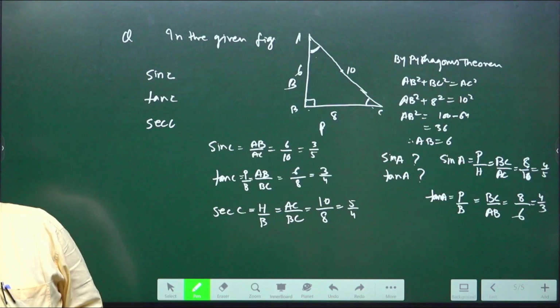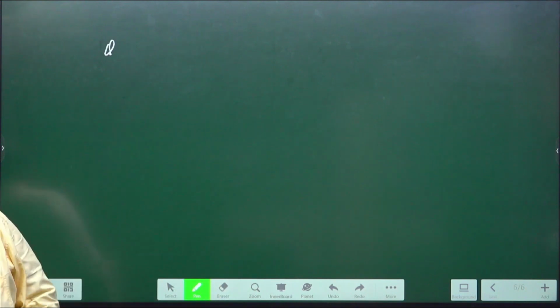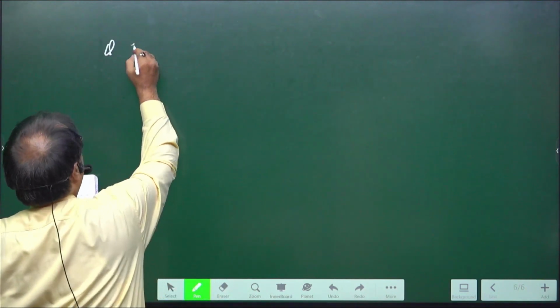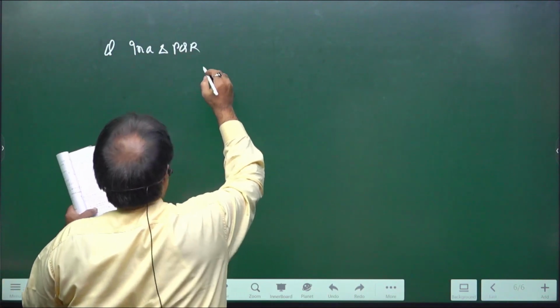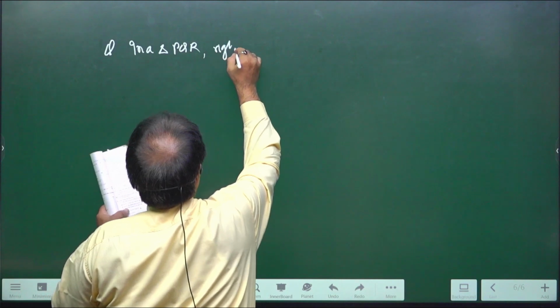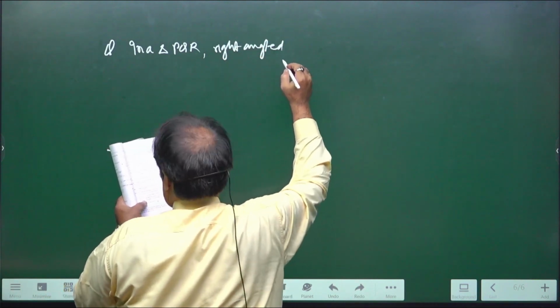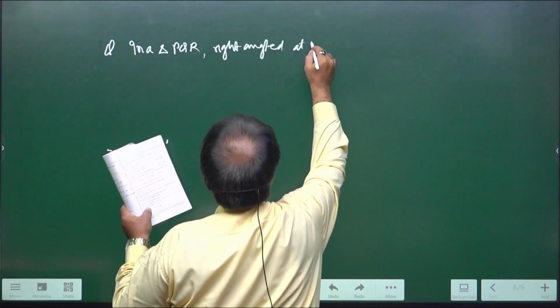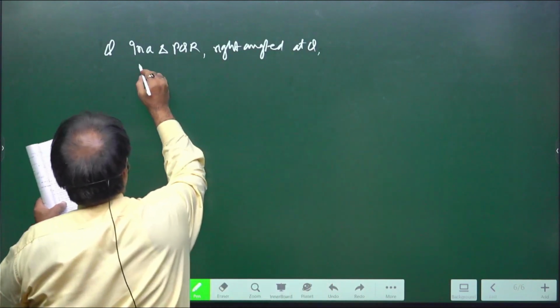And one question I am taking from your book. Next question is: in a triangle PQR, right angled at Q, what is given?